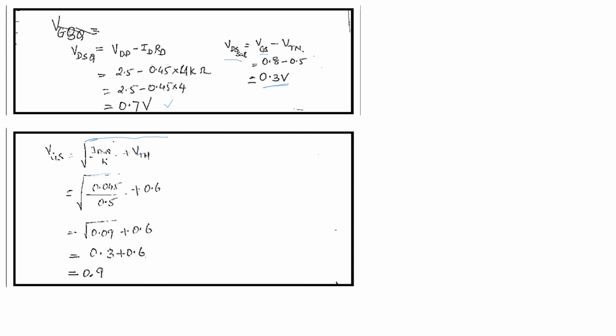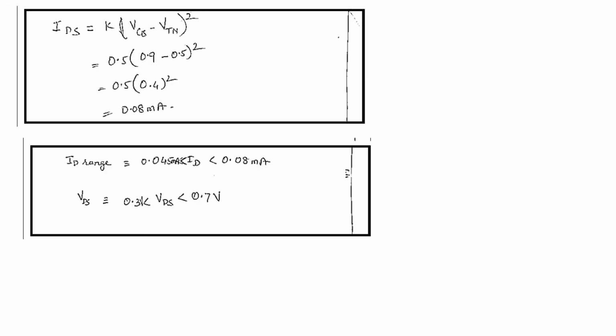So here after substituting you get it as 0.3 volts, and VGS is nothing but the square root of IDSQ upon K plus VTN. So IDSQ was calculated as 0.045 milliamperes upon the value of K.